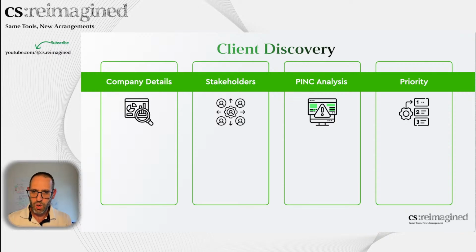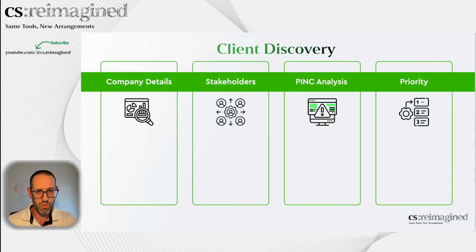Some small companies need a lot of attention and might fall under enterprise treatment, while some enterprises need much less. They can do with a digital or very, very small engagement.